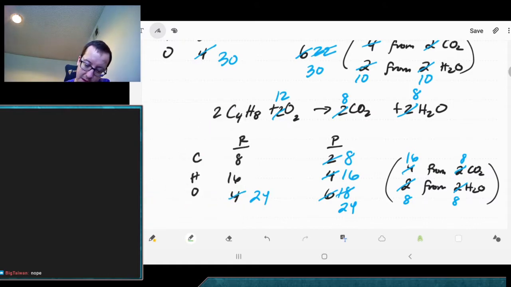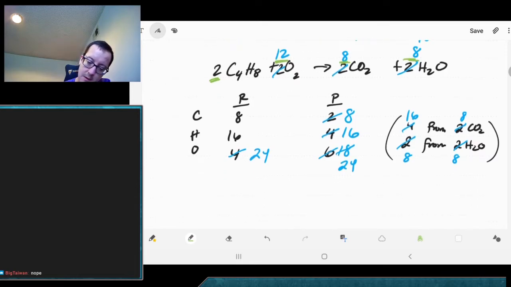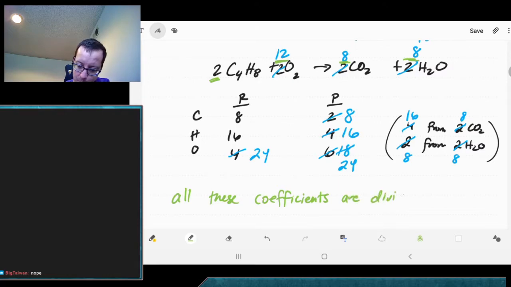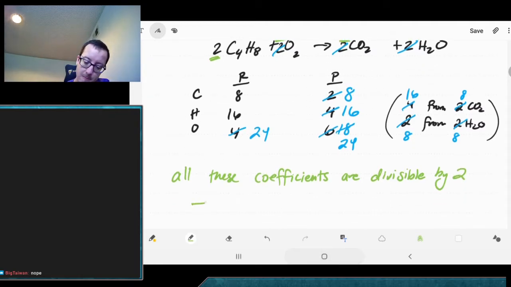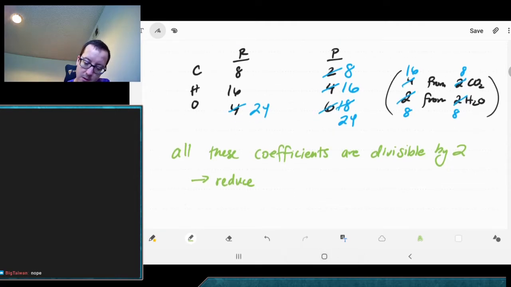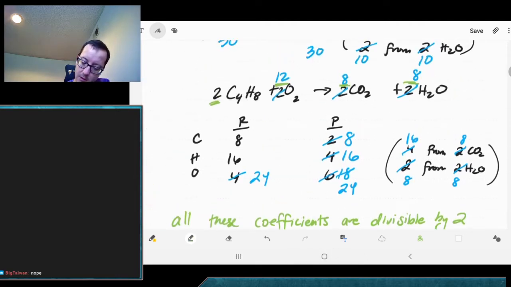But what we need to look at is that all these coefficients are divisible by 2. So we need to reduce them. So we go from, I'll copy this.